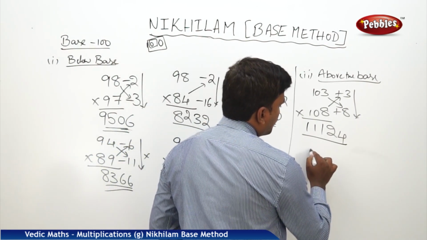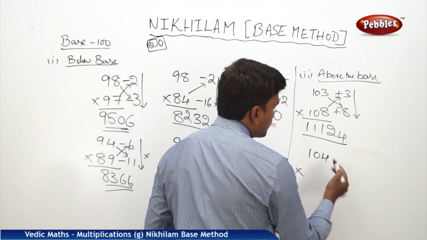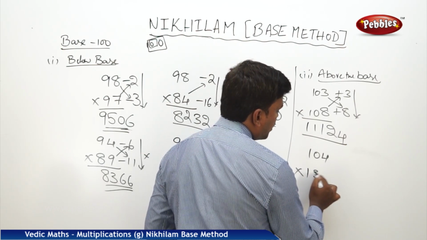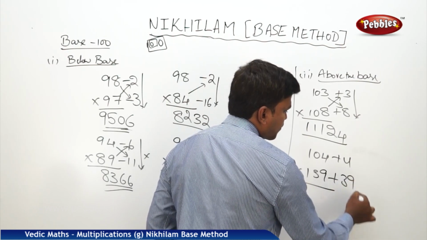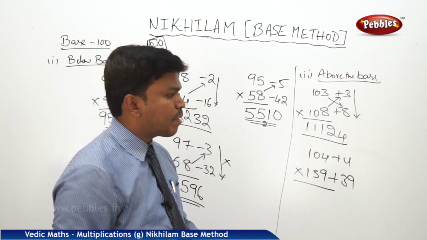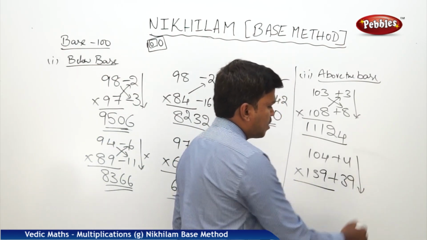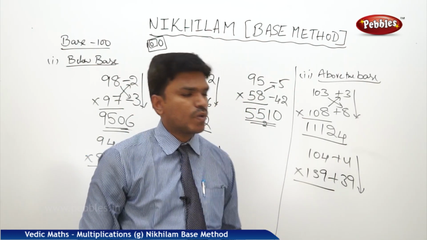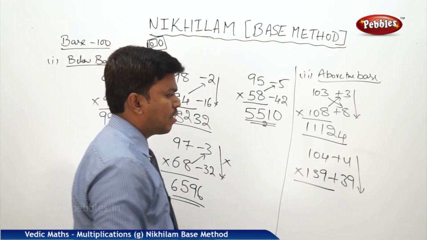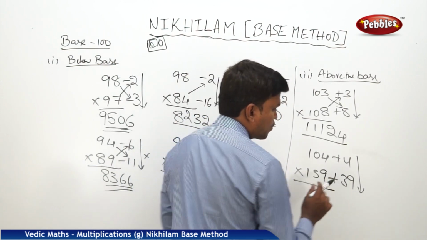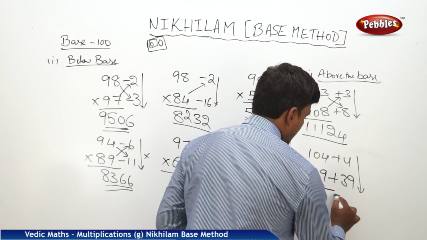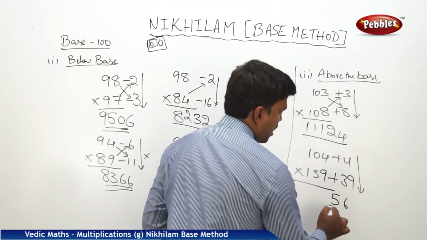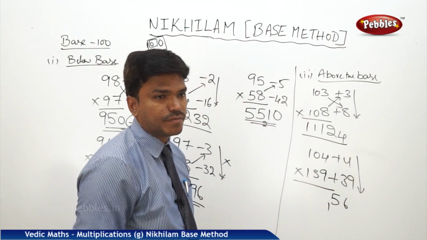So let us take one more number. 104 into say some 139. So it is plus 4 and it is plus 39. So what you need to multiply first? Excess numbers. 39 into 4. 120 plus 36. 156. So what we got as the answer? 156. In 156, I am going to write only 56 and 1 will be the carry.